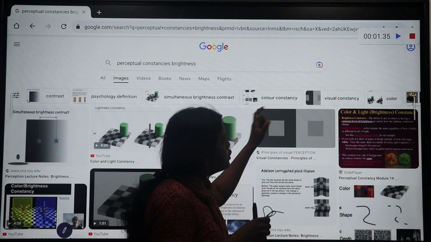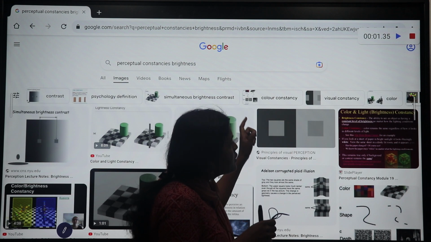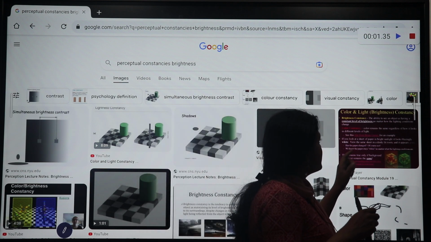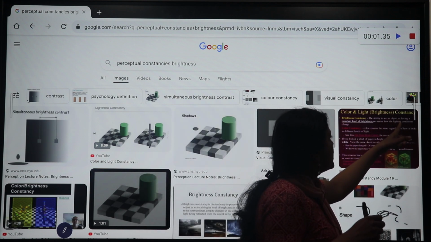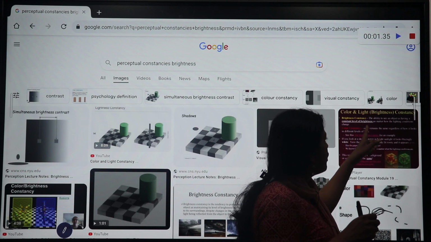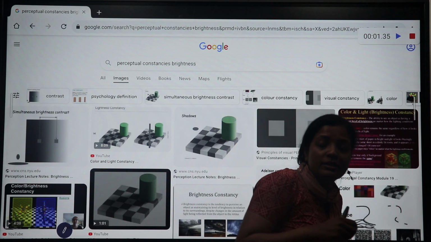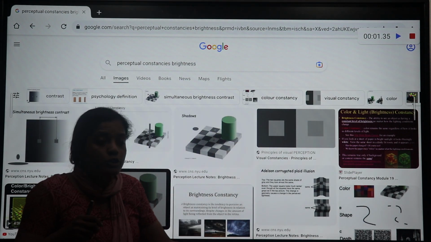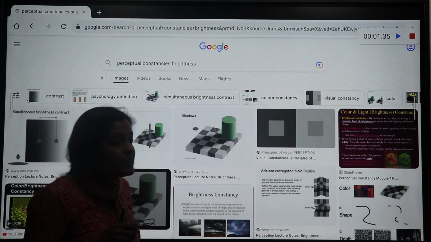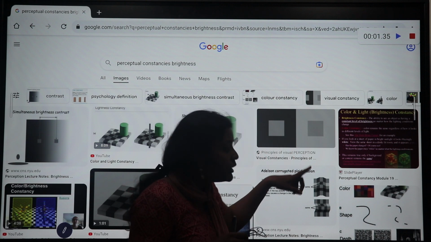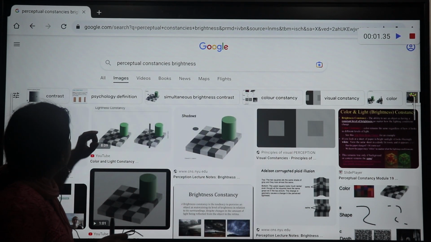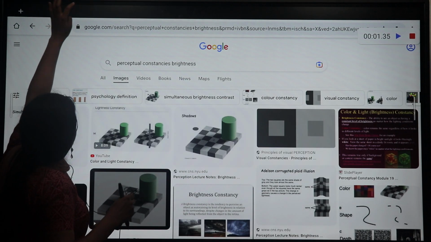How do we come to know about these things? This is all because of brightness consistency, that is the ability to see an object as having a constant level of brightness no matter how the light is. So, whether we are in a dark room or a light room, we will be able to make this difference in the color. We will not see a different shade, but we will see the same shade of the thing. This is because of these consistencies which we have.